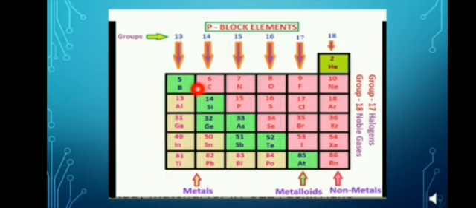The metals on the left hand side, as you can see here, and the non-metals are placed on the right hand side, and metalloids along the zigzag line, that is green in color, which separates the metals from the non-metals. The non-metallic character increases as we move from left to right, whereas it decreases as we go down the group.